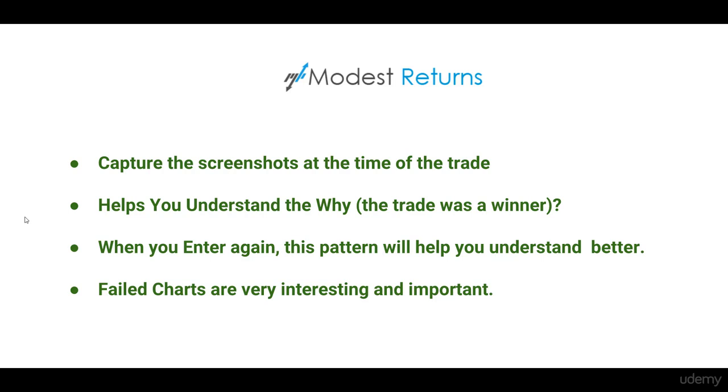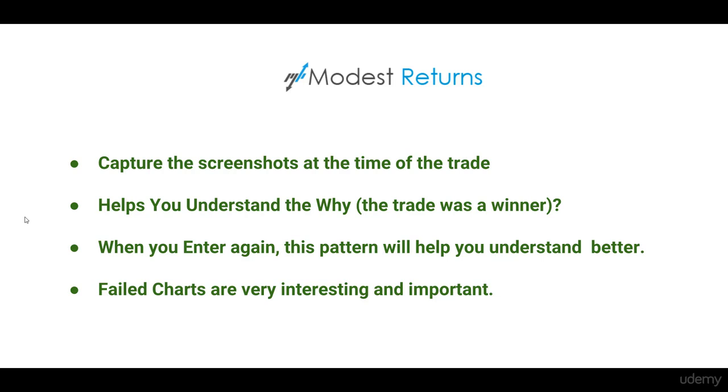Let's say you traded Caterpillar, CAT, and it was a winner. Three months from now, that chart looks promising again and you want to enter. You might want to go back and look at the chart that was the winner originally and see what the chart patterns were, what the market profile was, what the mountains were.